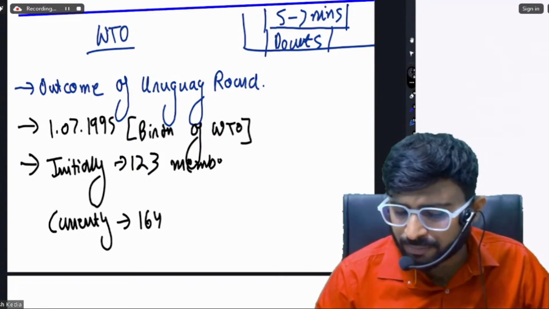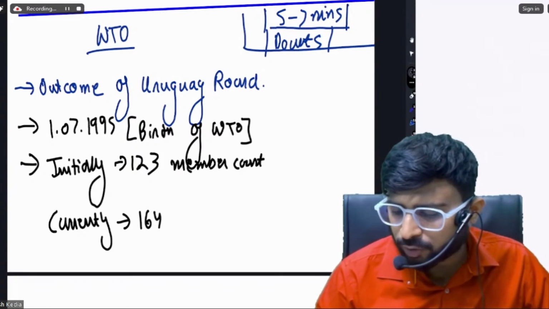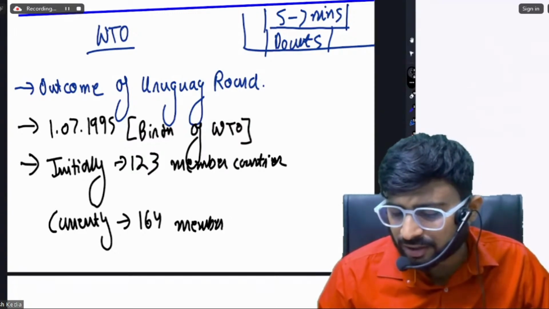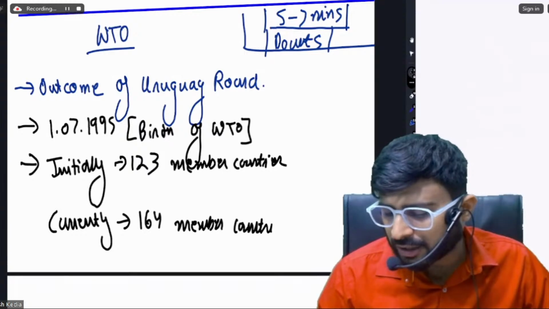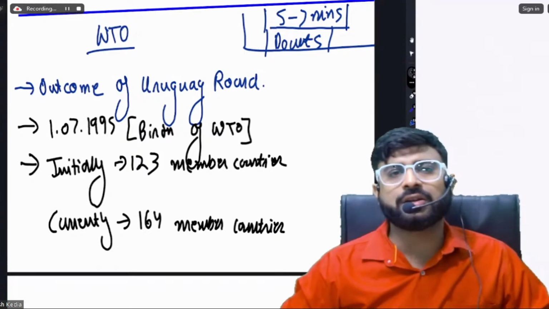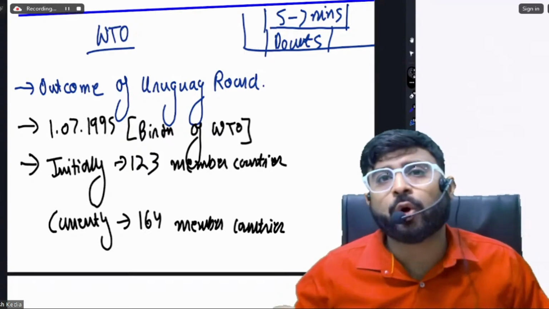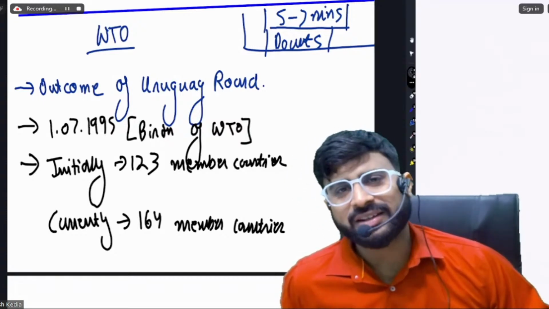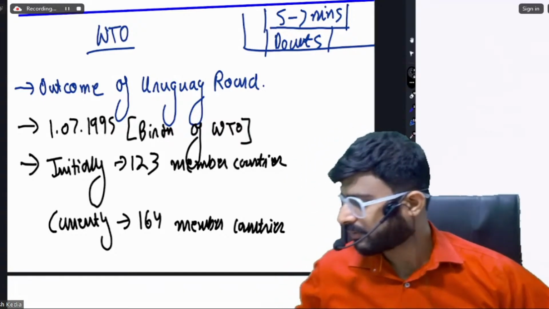Initially there were 123 member countries when it was formed, but today there are 164 member countries. So you can easily see it was very popular among countries, and you need an organization so powerful that all the countries abide by its rules and regulations. Only then it is a use case.